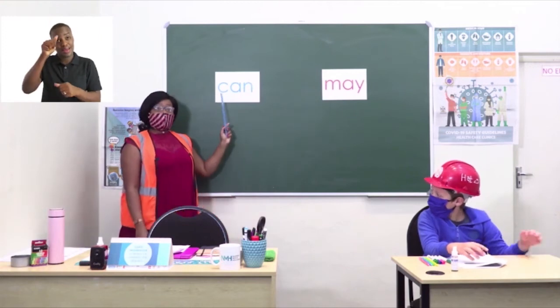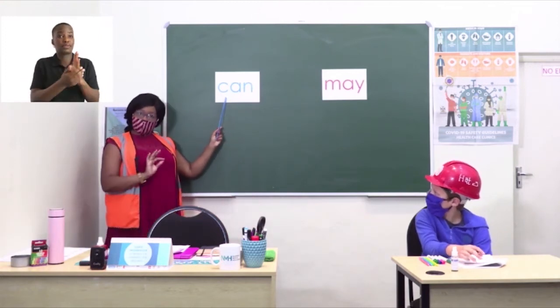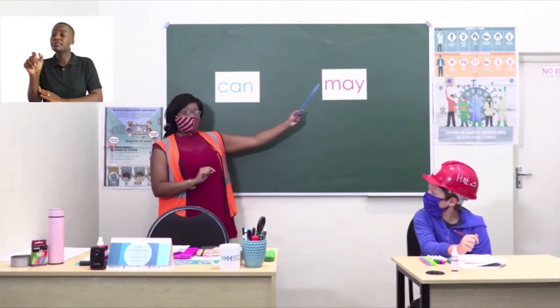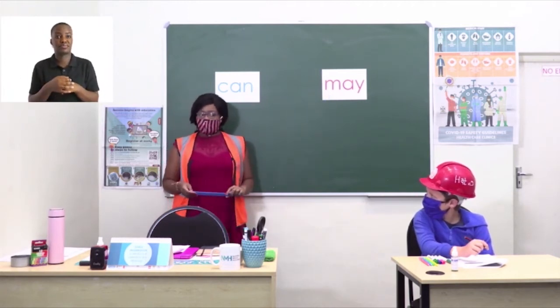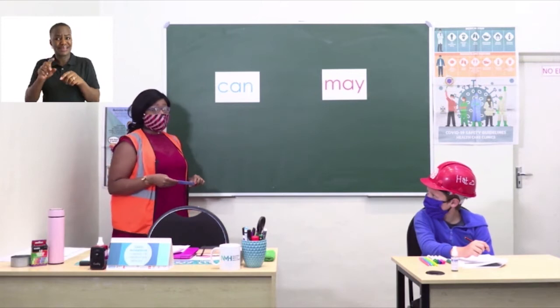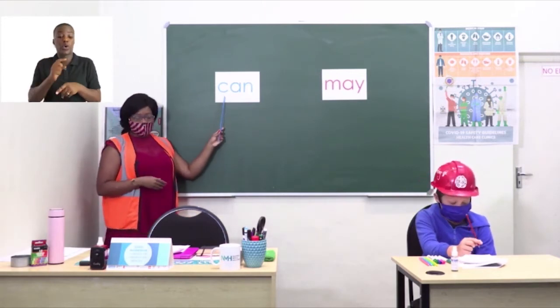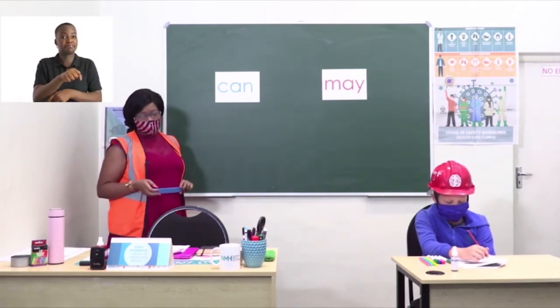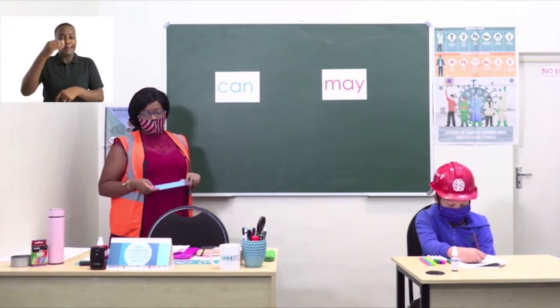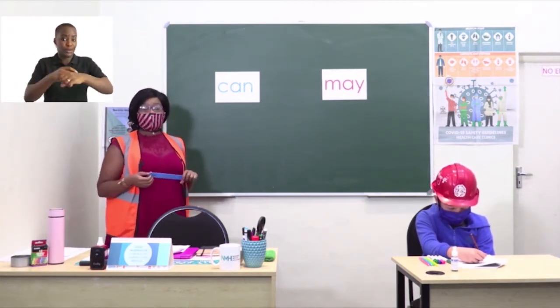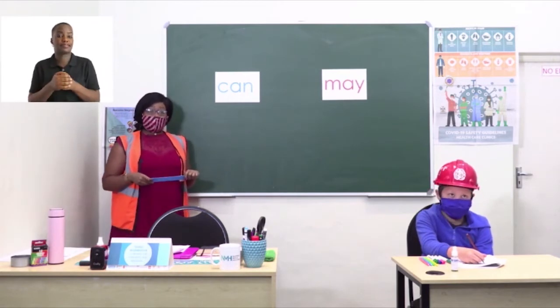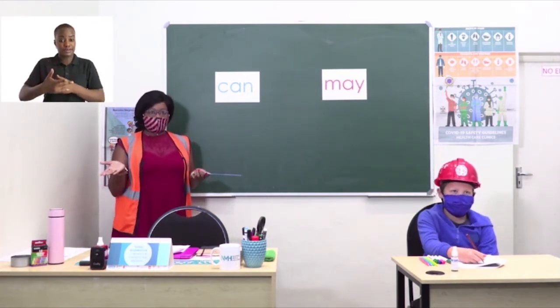Remember, can is when we're asking about ability, and may is when we're asking for permission. It doesn't sound like they're asking for permission. So we say can, and the sentence will read, I don't know if I can get to the game on time before it starts.